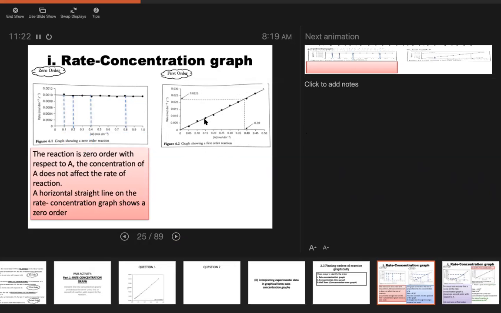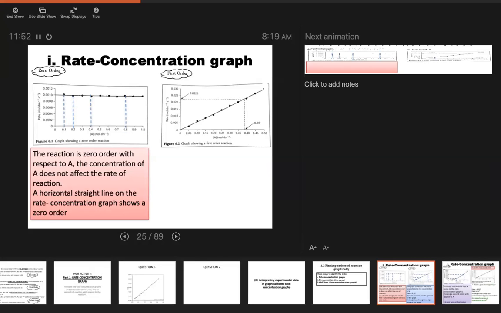The rate-concentration graph of reactant A that is first order. Just to make myself clear, if one particular reactant is already zero order, it can only be zero order. Another reactant will be first order. They cannot change, like sometimes zero order, sometimes first order. They will be fixed in the same reaction.